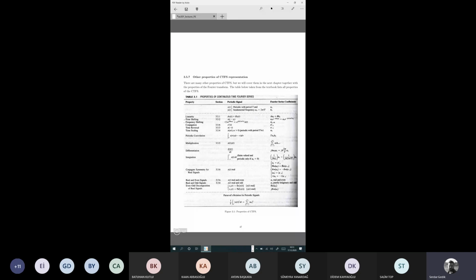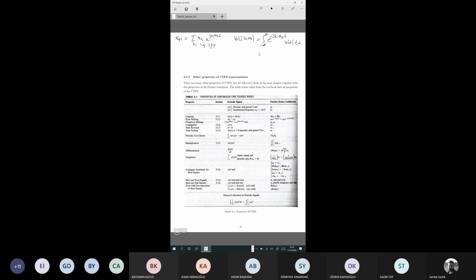So x(t) is simple. It is an impulse train. It is the sum over k of a_k e to the power jk omega 0 t. Since it's an impulse train, a_k is nothing but 1 over T. And I can obtain H(jk omega 0). It is the integral from minus infinity to plus infinity, e to the power minus jk omega 0 t, h(t) dt.